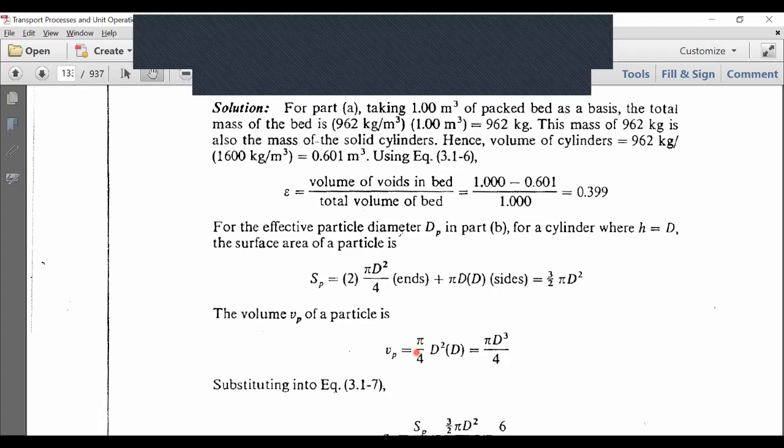Now, the volume of the particle is pi times d squared per 4, the area of a circle, times the height for a cylinder. Since the height is equal to d, I can change it to d. It becomes this.